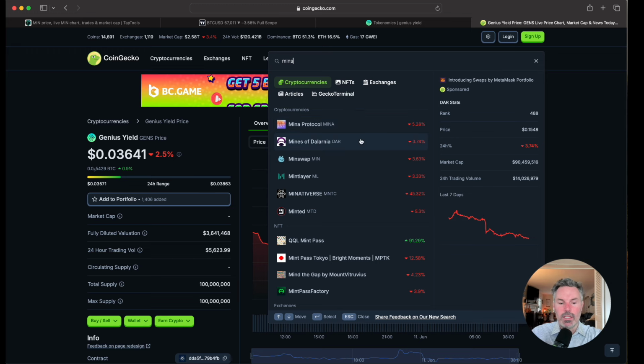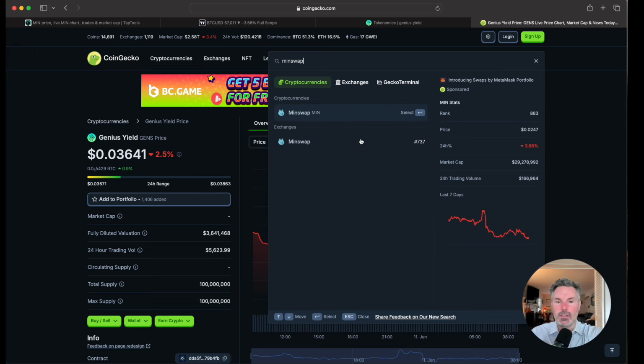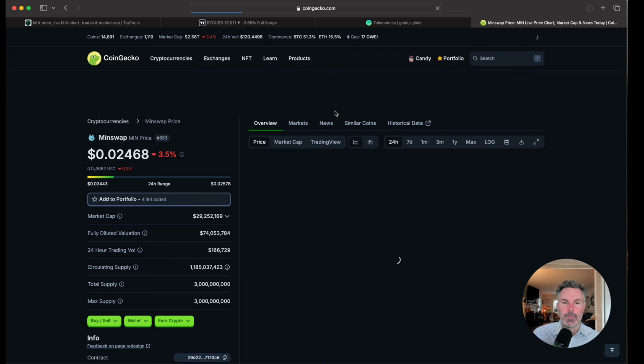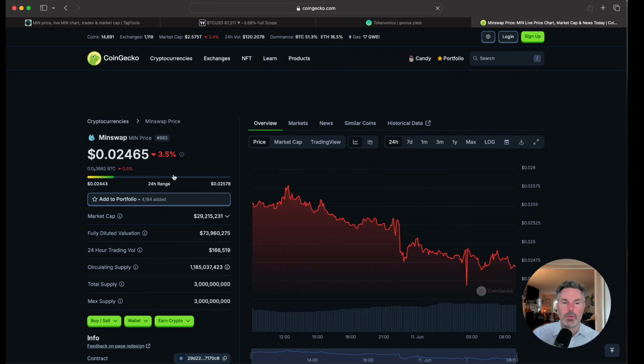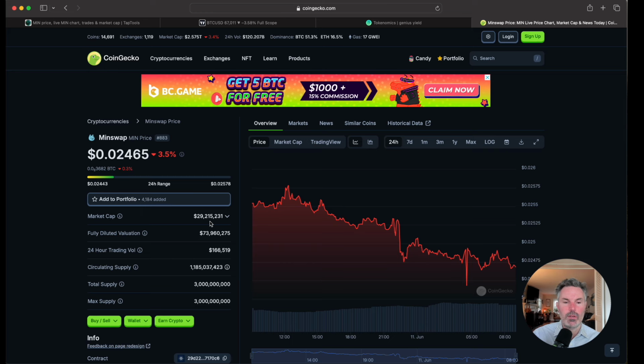Let's look at this concept of price going up. If the market cap here is $29,215,231, and the circulating supply is here, you have to understand what the emissions are.